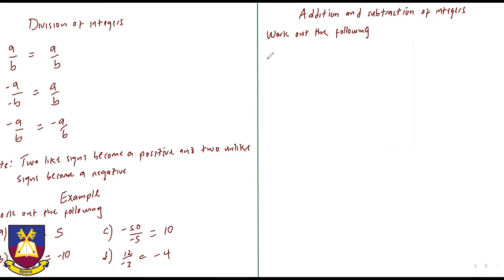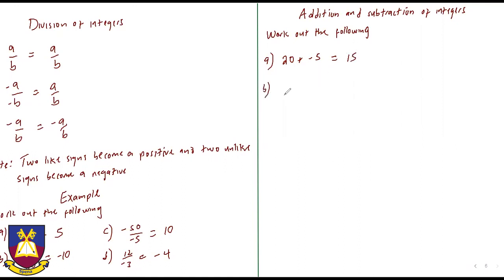For example, if I have 20 plus negative 5, this becomes 15, a positive.